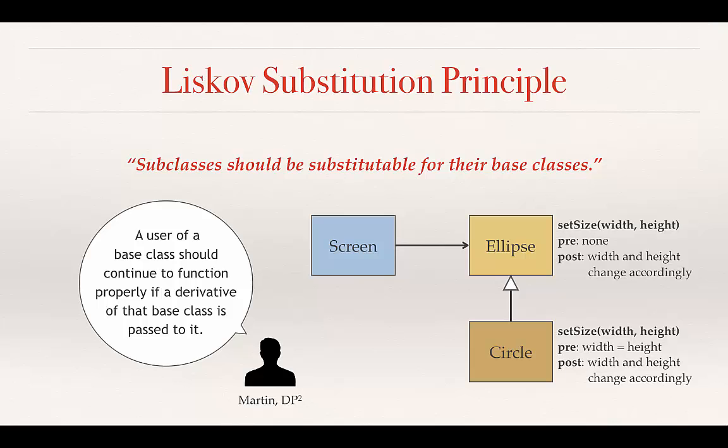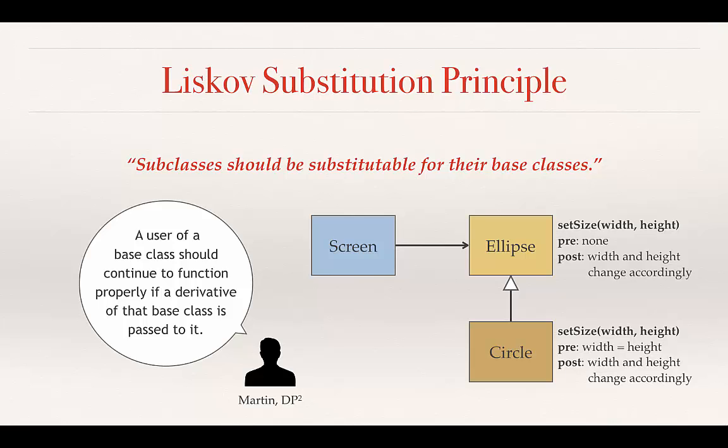What effect does this have on the screen class? Well, it turns out to have a very bad effect. The screen class thinks it's dealing with the contract for an ellipse, so it calls set size with 640 and 480. This, in turn, violates the precondition of circle, and there's no telling what might happen in that case.